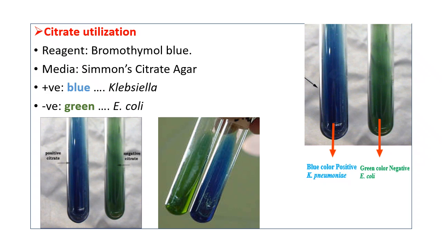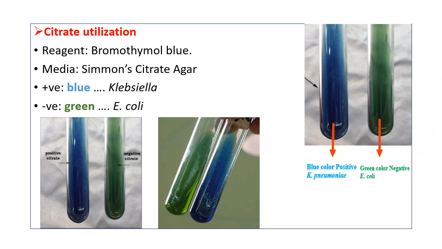We use the media Simmons citrate agar slant that has the bromothymol blue indicator. If the organism uses citrate as a source of carbon and energy, alkaline products will be produced and cause the media to change from green to blue.